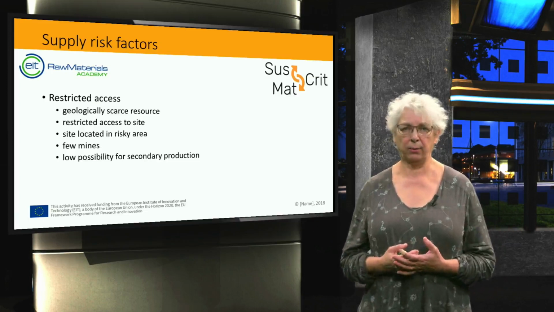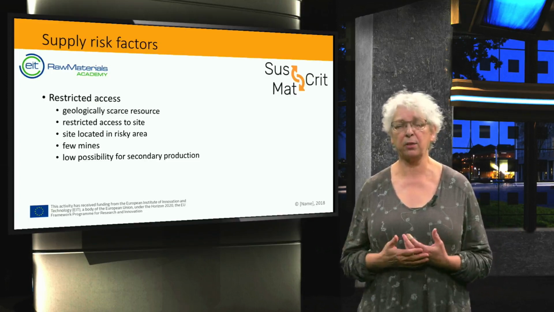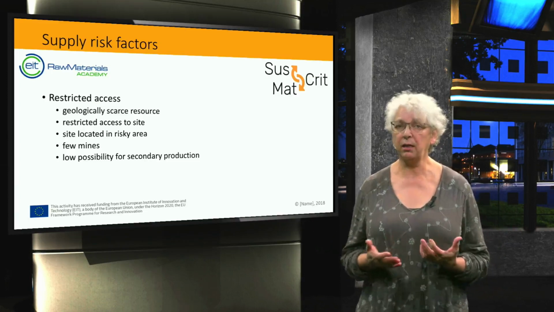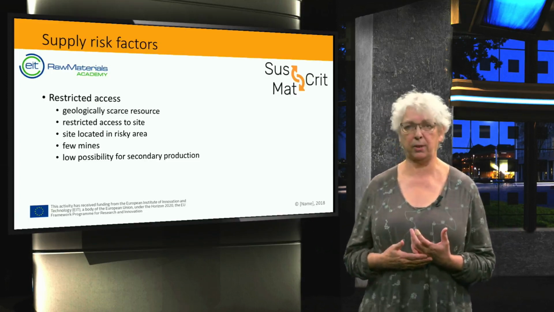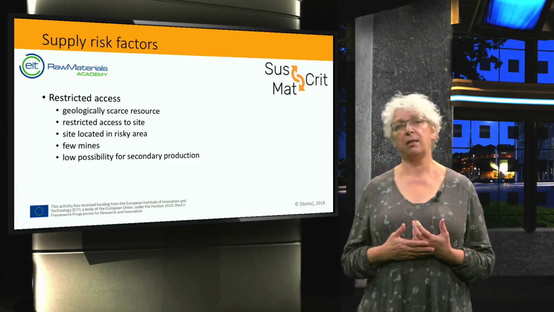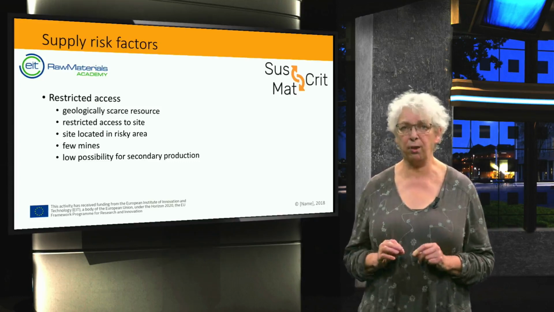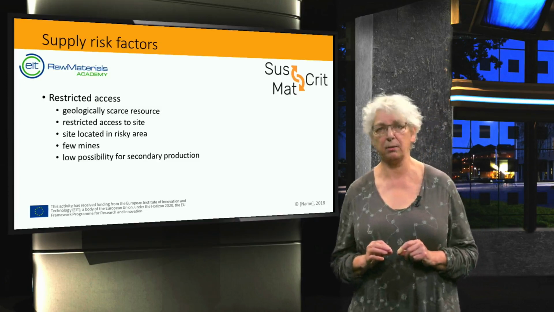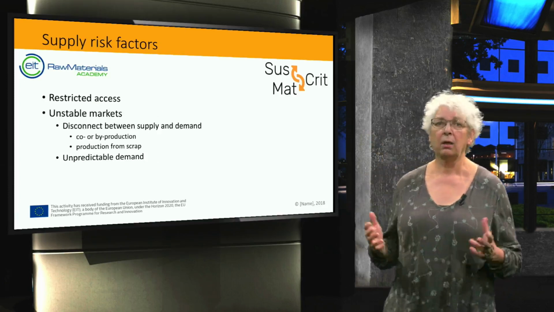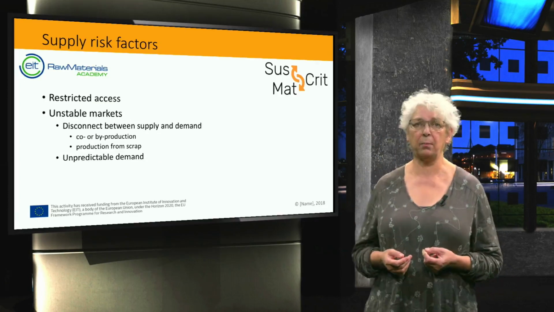And of a completely different nature, if the possibilities for recycling of the material are good, this may alleviate supply risk to some extent. In the second place, there's a risk related to unstable prices that disrupt markets for the critical element. Unstable prices may be caused by a mismatch between supply and demand.